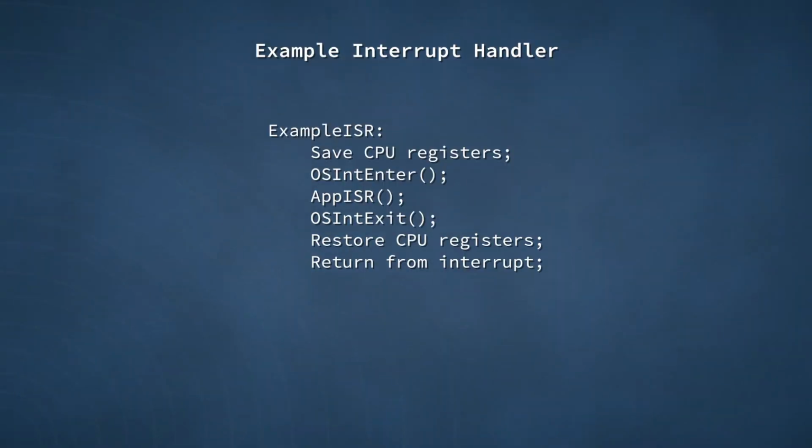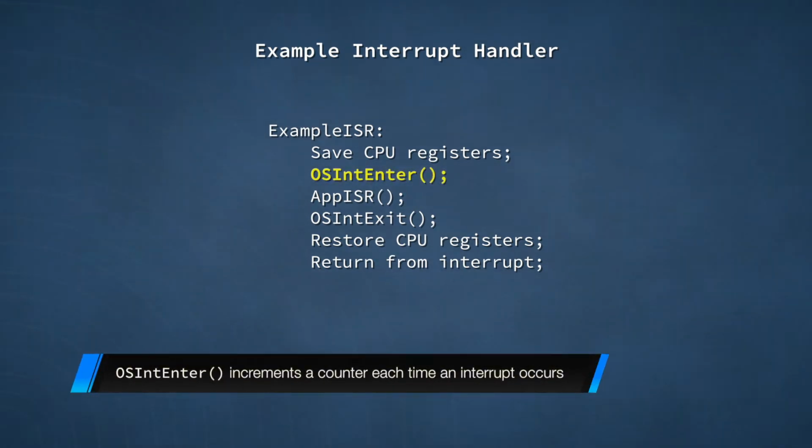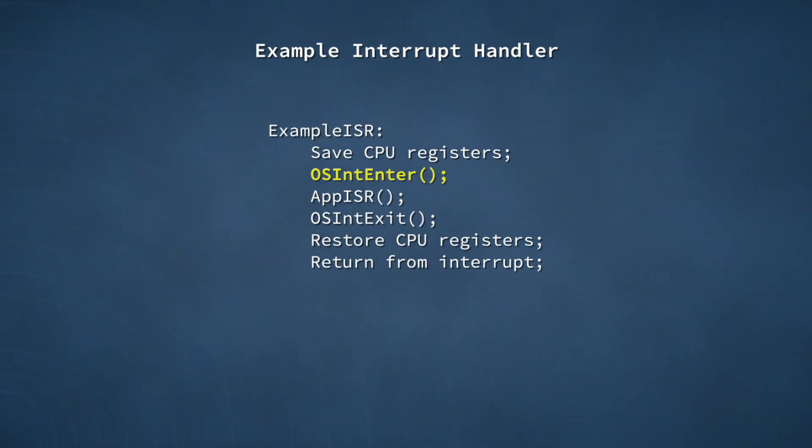In Micrium OS, the second step of responding to an interrupt is to call a kernel routine named OS_int_enter. This function increments a counter that tracks the level of interrupt nesting. How does the counter do this? Well, when an interrupt occurs during task execution, this counter is simply incremented to a value of 1. But when interrupts nest, resulting in handlers that interrupt other handlers, larger values are possible.